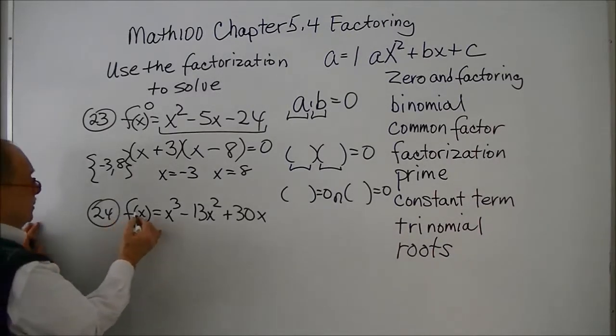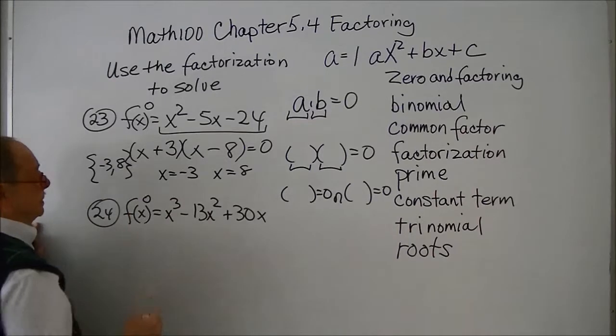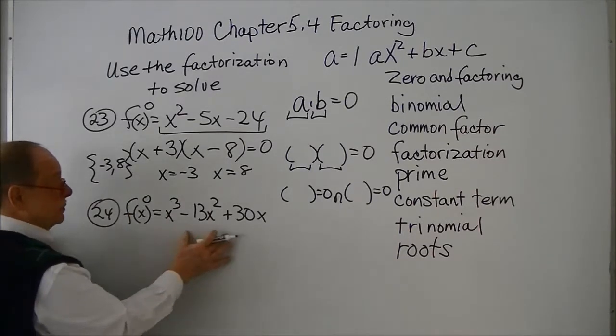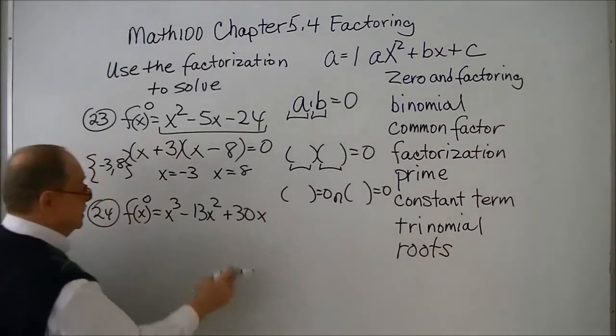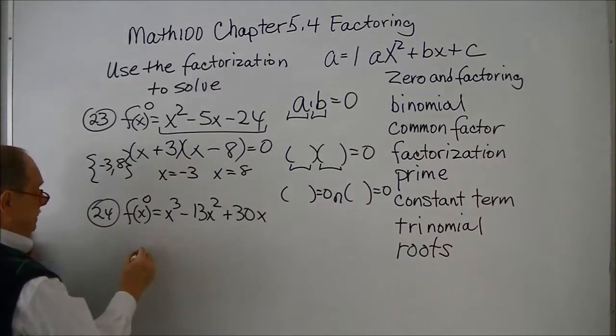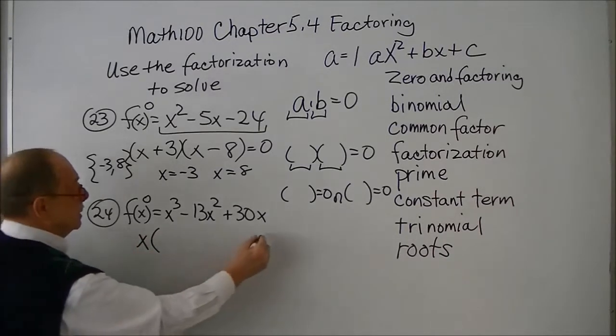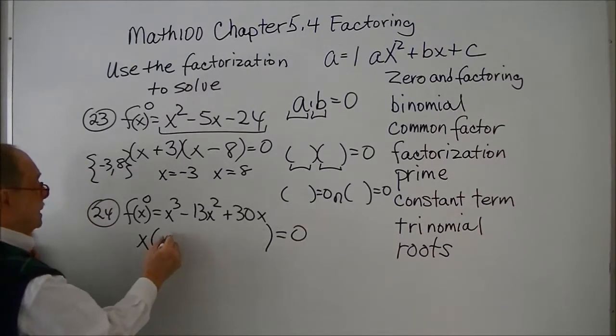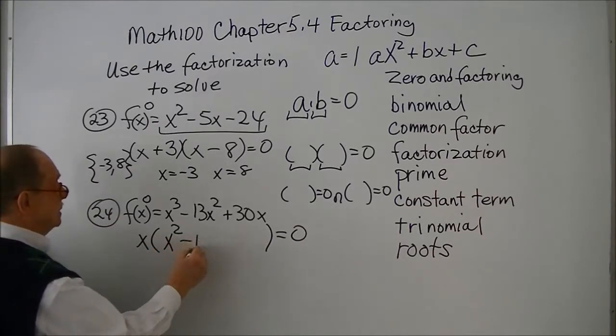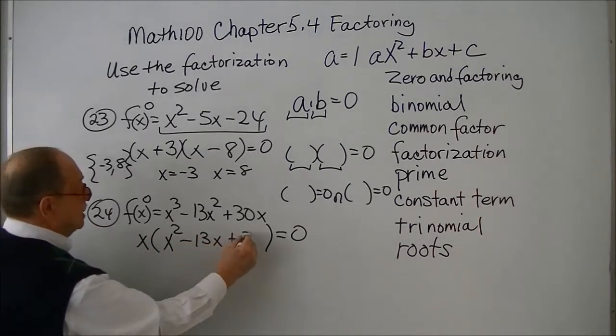Again, we could substitute a y here, or in this case, a 0. So we notice we can factor out a greatest common factor of x here. And we could put the 0 over there. This becomes x squared minus 13x plus 30.